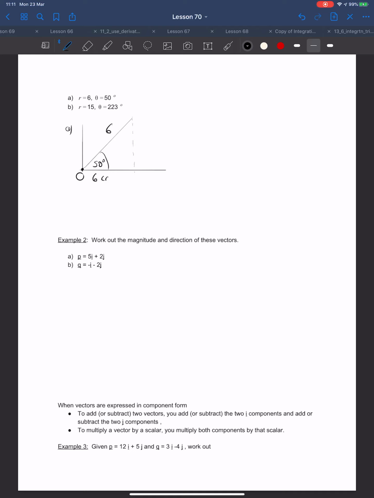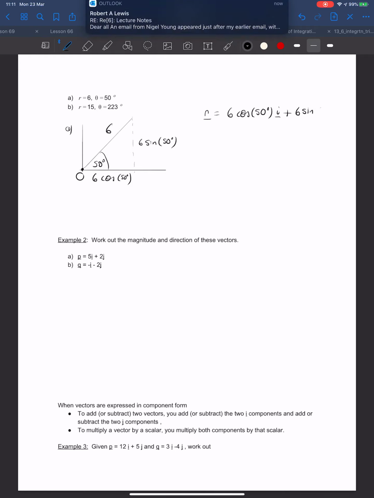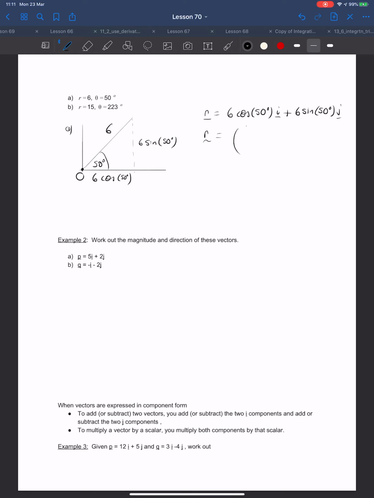So this is 6 cos 50 degrees, 6 sin 50 degrees. So you can say r is 6 cos 50 degrees in the i direction plus 6 sin 50 degrees in the j direction. Or you can say it's the vector 6 cos 50 degrees, 6 sin 50 degrees.